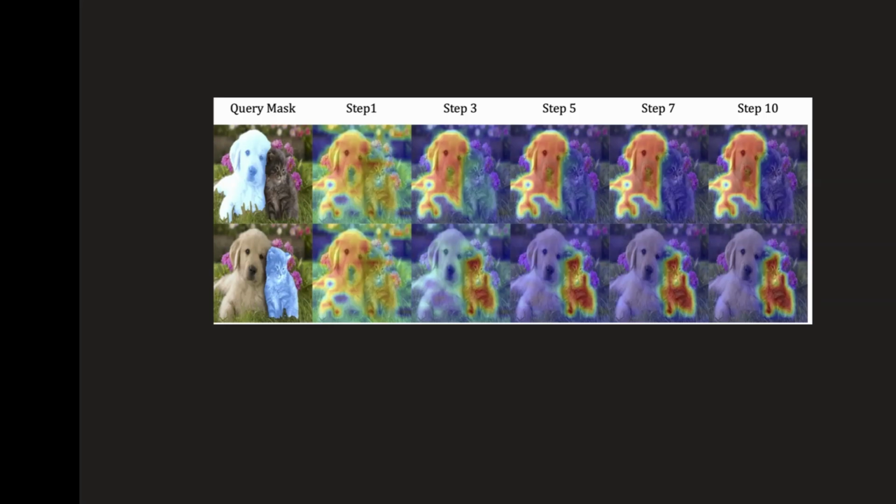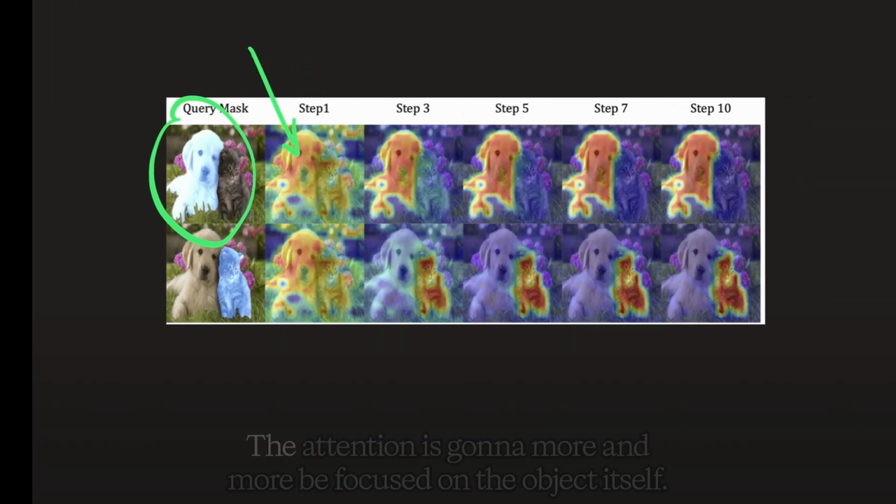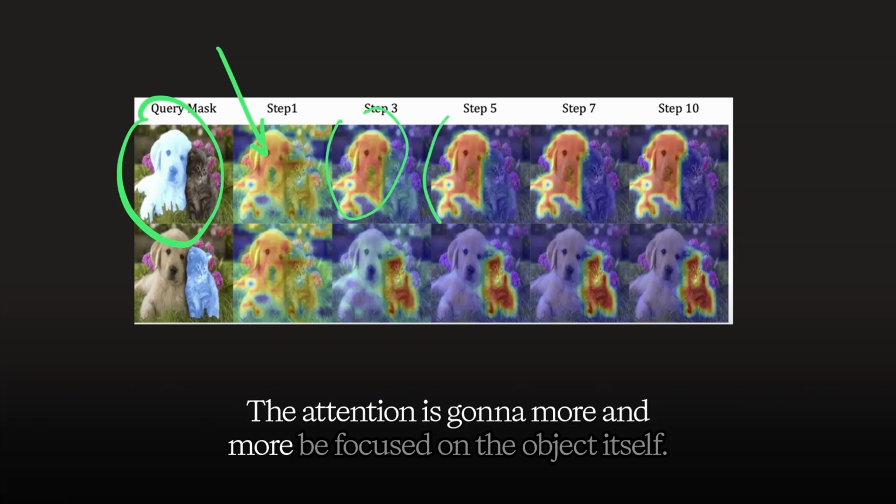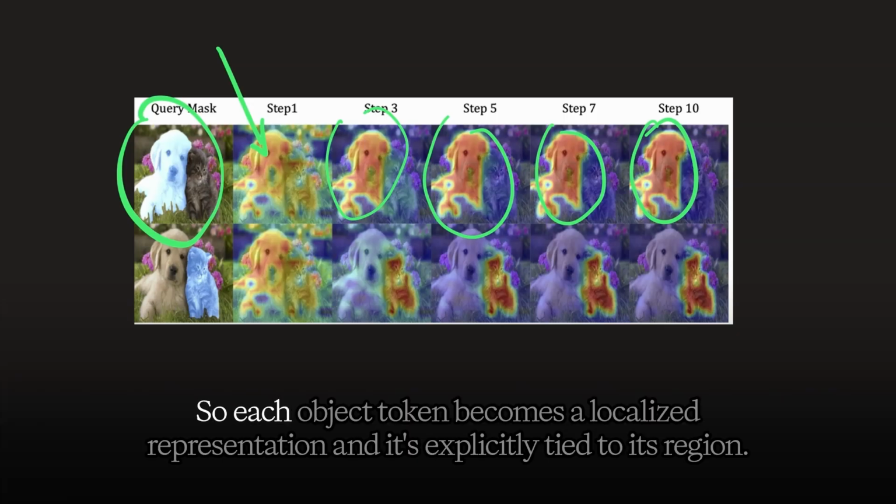So in other words, let's say we have a query mask right here and we start with step 1. We start with a token. And we adjust it so that the model's internal attention, which you see is diffused, and as we iterate on it, the attention is going to more and more be focused on the object itself. So each object token becomes a localized representation and it's explicitly tied to its region.